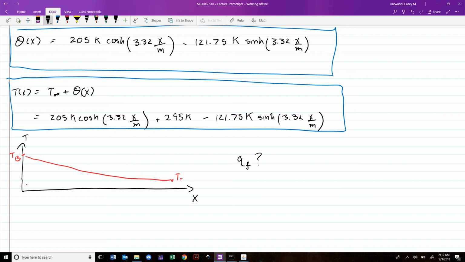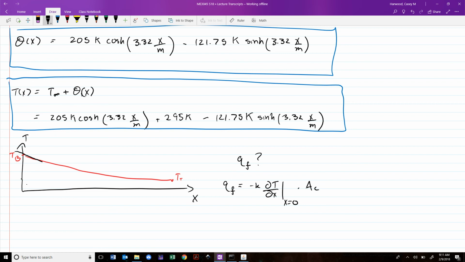Because we have the temperature distribution, we can find the slope of the temperature at the wall and apply Fourier's law to find Q at this point. In other words, Q f is equal to negative k times dT/dx at x equals 0 times the cross-sectional area of the fin. Done. Once you have the temperature distribution, this becomes really simple.